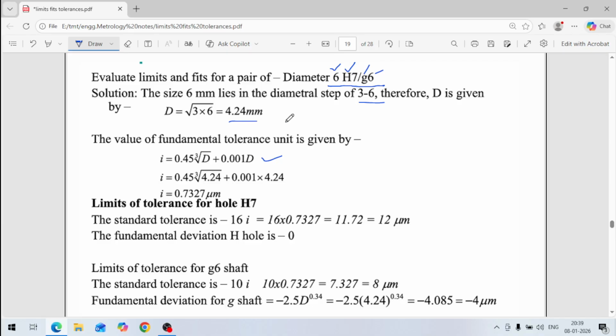This is D. So here the tolerance unit is calculated as 0.45 cube root D plus 0.001 D. If you calculate this, with 0.001 into D where D is 4.24, then I is calculated as 0.7327 micron. Micrometer means microns.